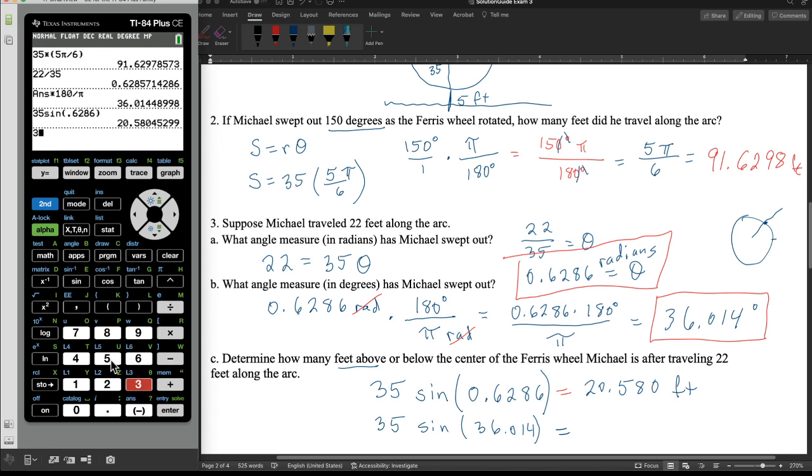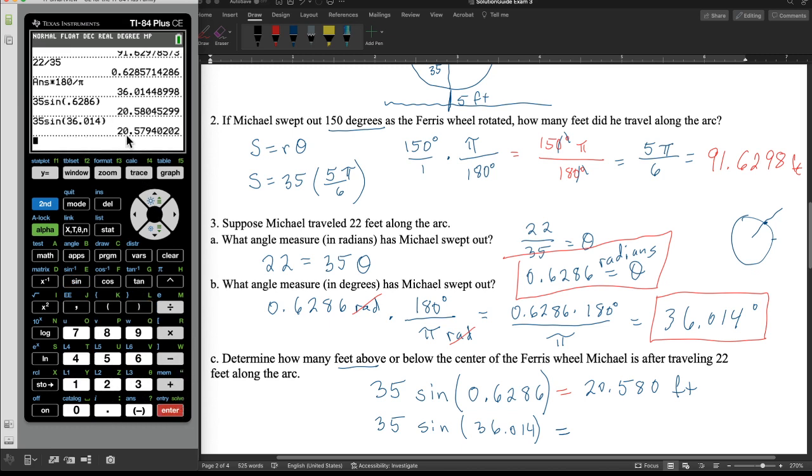Let's see what happens if we do 35 sine of 36.014, which are degrees. Should get relatively close. And we do, but obviously because of rounding differences, this is matching much closer to the answer given in the solution key.